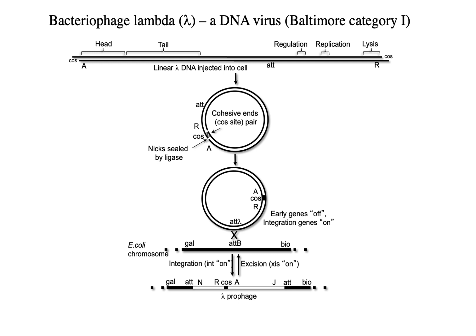But so you have the circle here, and notice that there's an att lambda site, and there's an att B site, which is on the bacterial chromosome. And these are complementary regions which can bind together. And so there's an attachment there, there's a crossover, and then the lambda phage genome is inserted or ligated into the E. coli chromosome between the gal and the bio genes.